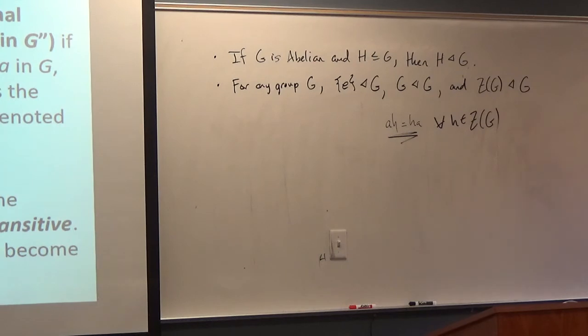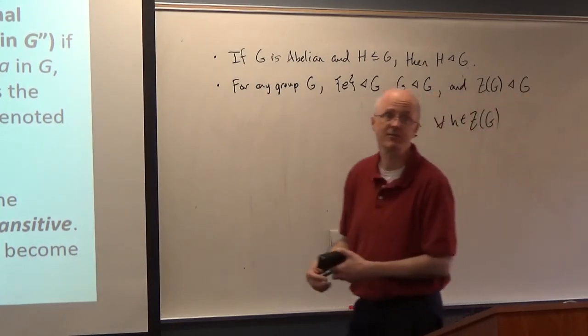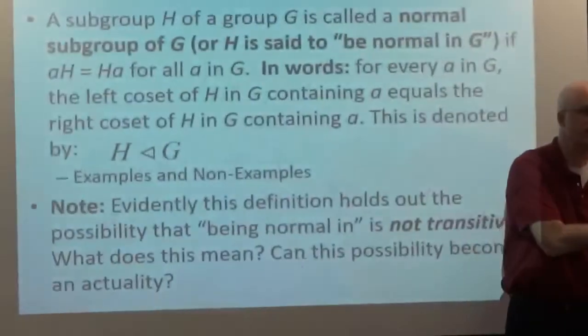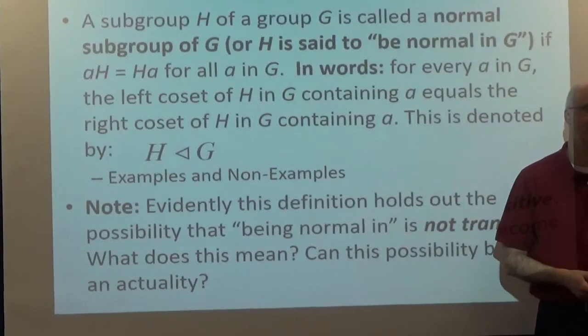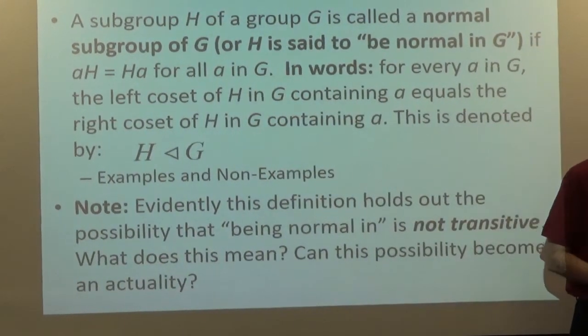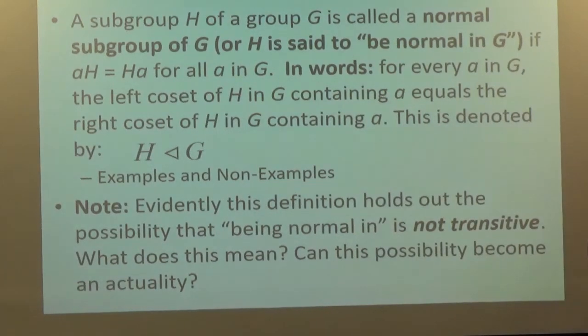Put the definition up there. We already knew the center was a subgroup. That's important. That's part of the definition, really. You should verify H is a subgroup first, but we already knew the center was a subgroup. It shouldn't be just a subset. We are talking about subgroups.